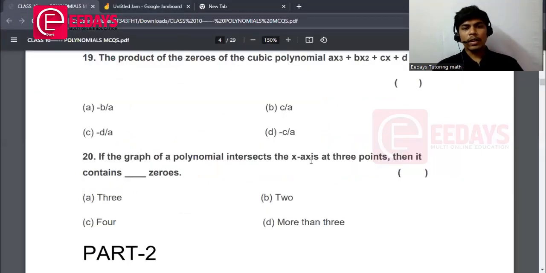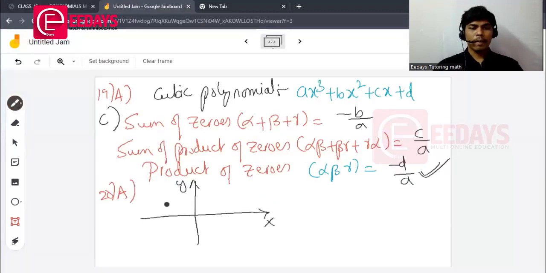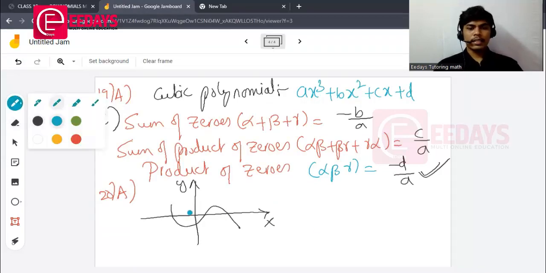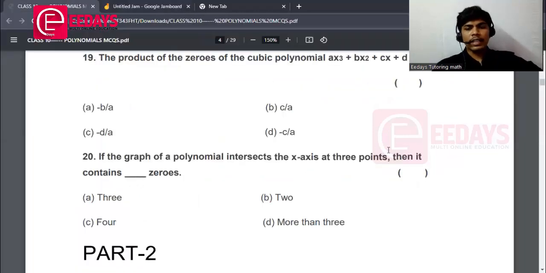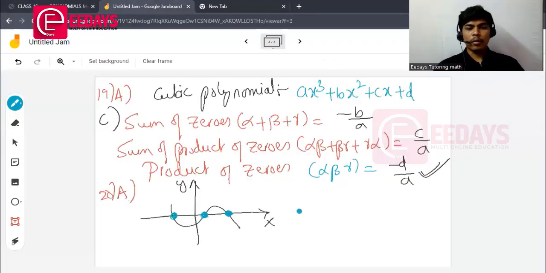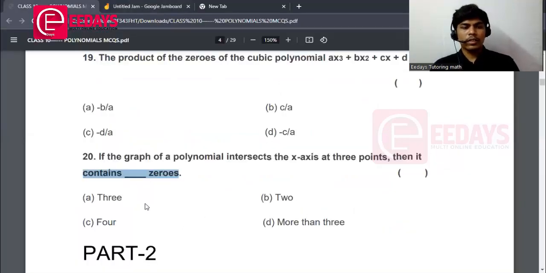If the graph of the polynomial cuts the x-axis at 3 points, that is 1, 2, 3. As we discussed, if the graph cuts the x-axis, the number of points is the number of zeros we have. Therefore, the number of zeros is equal to 3.